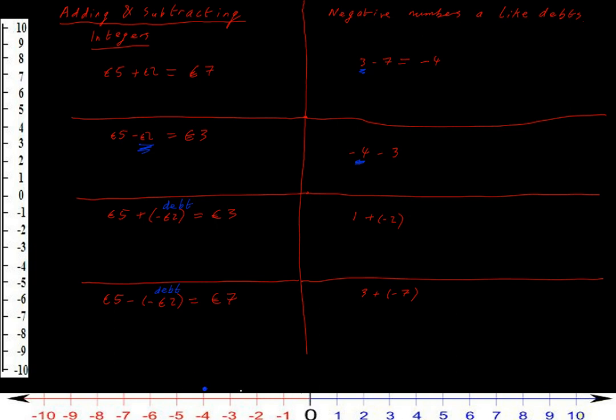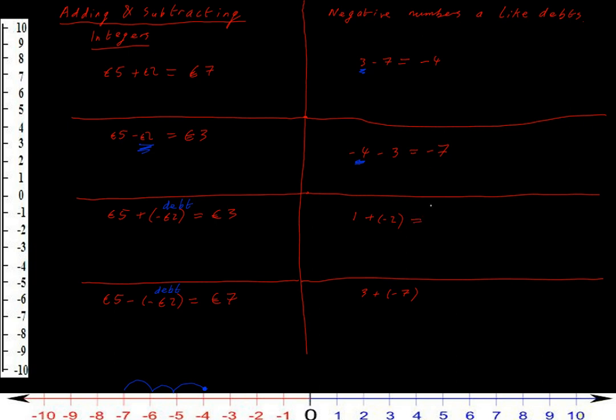Are we going to get bigger or smaller? Taking away, we're going to get colder. We're going to get smaller. So we're going to go down by 3. So 1, 2, 3 takes me down to minus 7. So I end up down at minus 7 when I start at minus 4 and I take away 3.